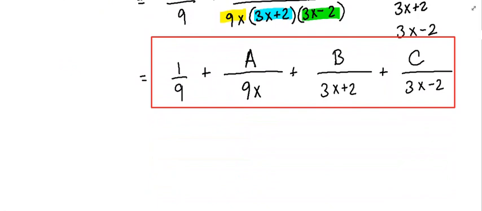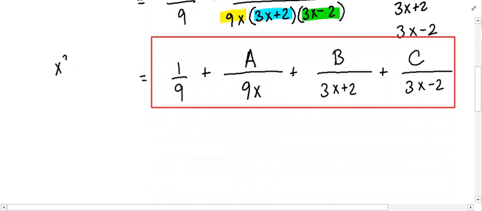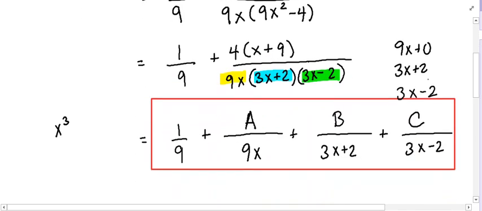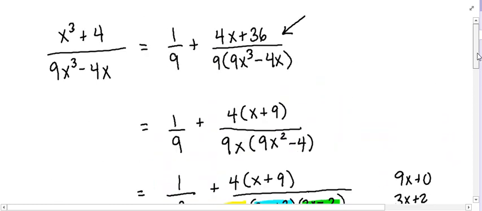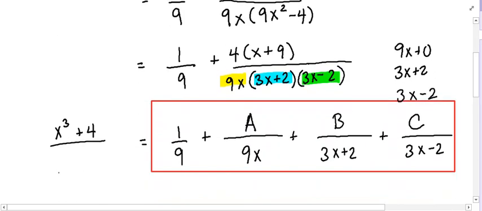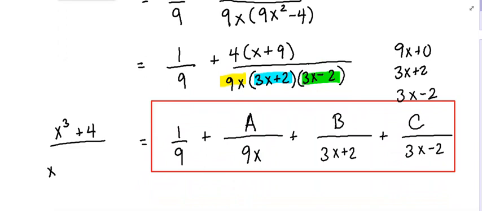Let me get back up here. This is equal to the x cubed plus 4 over, if you factored out the bottom, x times, well, you could factor this out. But this is the original fraction you started with.